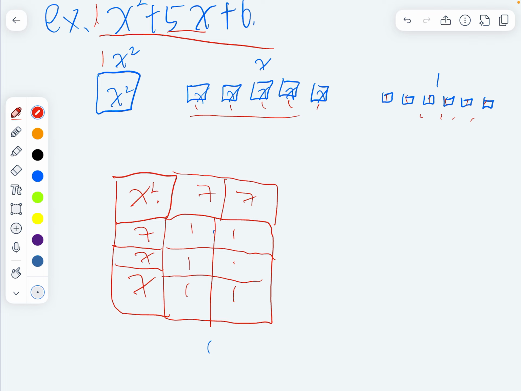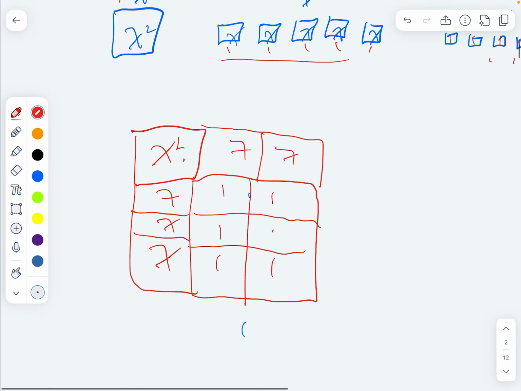The purpose is to make one big rectangle. Now we can calculate: because we have the 3x, we can write x plus 3, and above, where we have 2x, we write x plus 2.